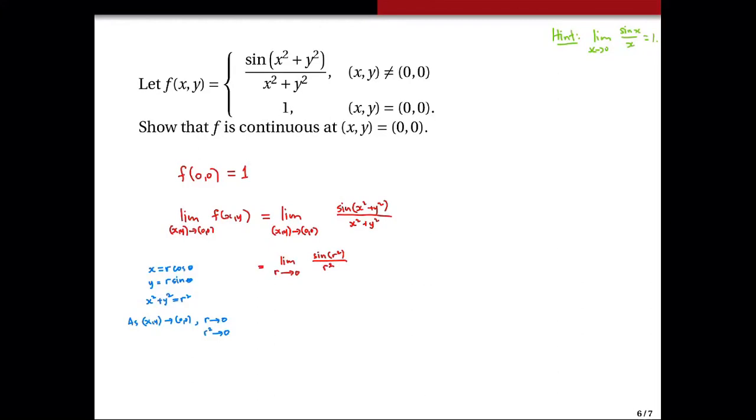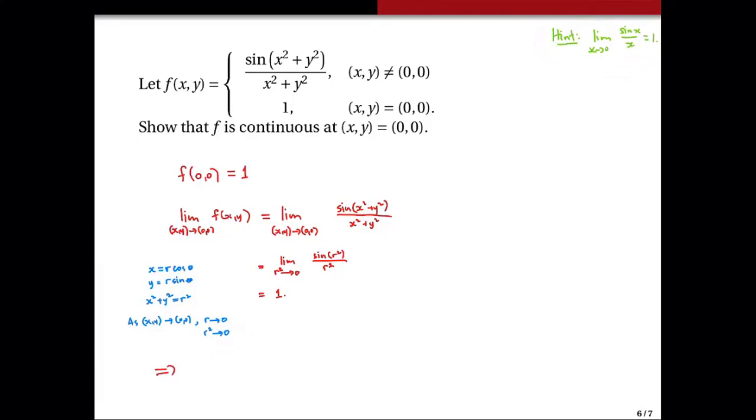And now we can use this hint here. If you want to be more accurate, you can put r squared here because that's actually this part here. So here we can see that the limit is actually equal to 1. And yay.